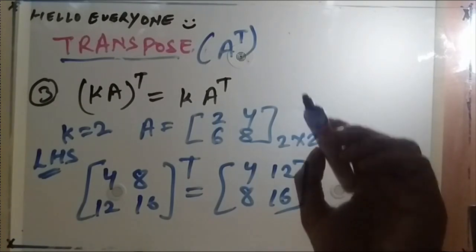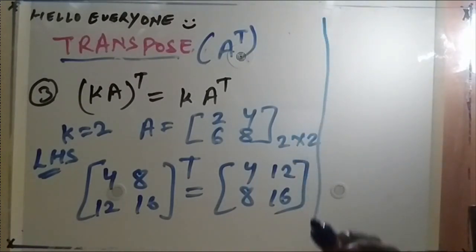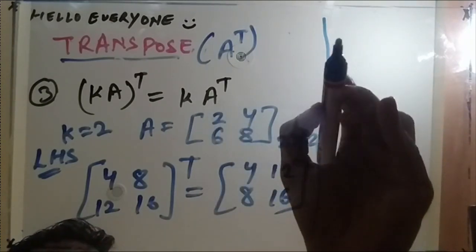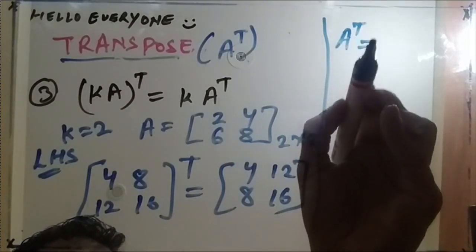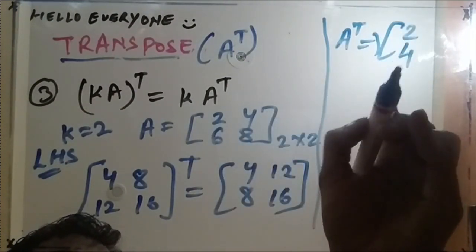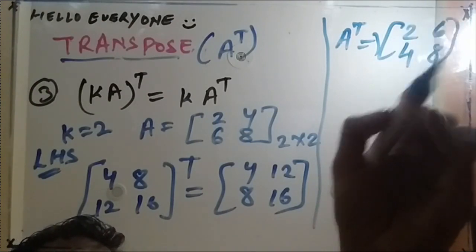Now let's find the RHS. First we have to find the A transpose. So A transpose will be 2, 4, 6, 8.